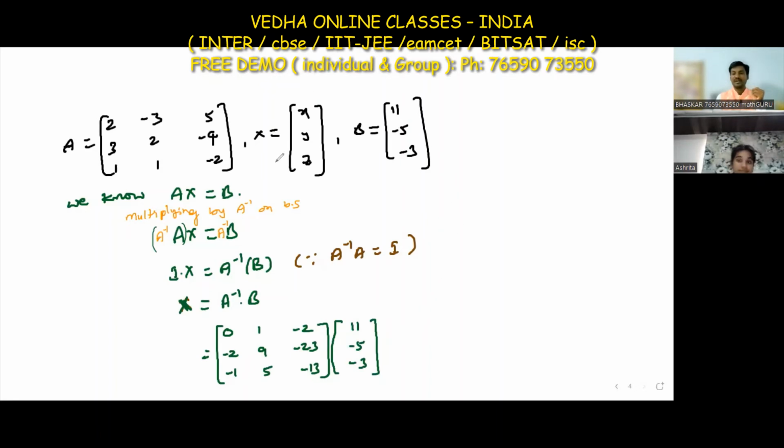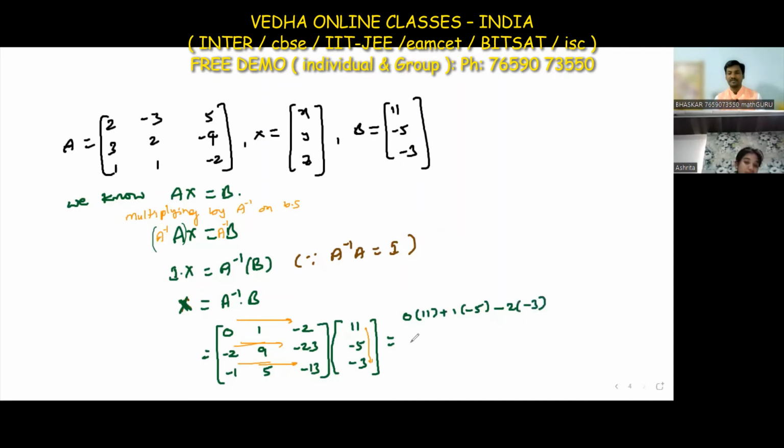So now we have to multiply here. How do we multiply? Rows with columns, right? Yes, sir. First row with first column, second row with first column, and third row with first column. So we get 0 into 11 plus 1 into minus 5 minus 2 into minus 3.